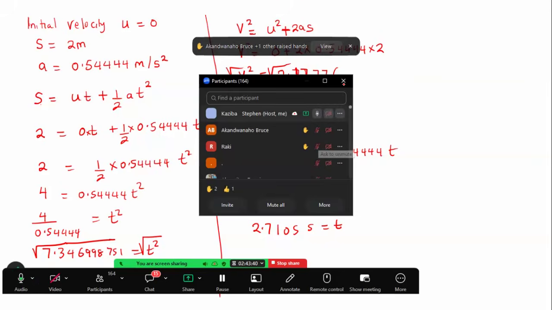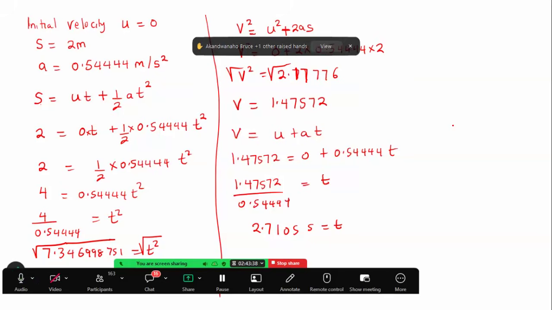Bruce and then Rocky. Excuse me, Chair. Good morning, Chair. Yes, good morning. Chair, my question is about this formula of s is equal to ut plus a half at squared. When do we use a minus? Oh, now the minus, we use it when it is acceleration due to gravity.